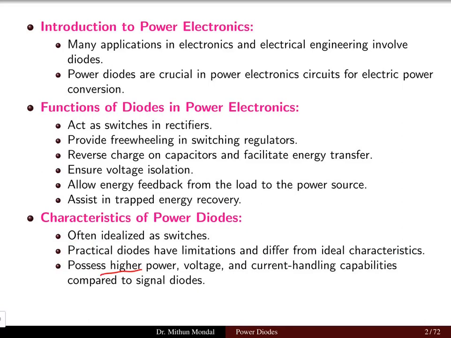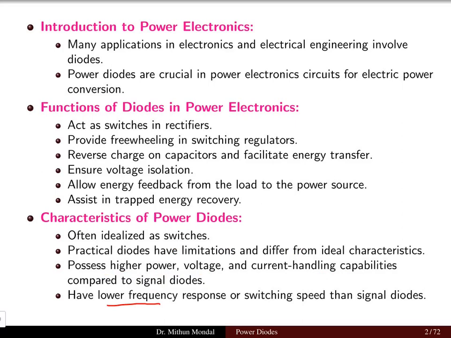Power diodes possess higher power, voltage and current handling capabilities compared to signal diodes. In power electronics, the diodes we use are power diodes, compared to ordinary semiconductor signal diodes, and hence power diodes sustain high voltage and have the capability to carry high current. They also have lower frequency response or switching speed than signal diodes.